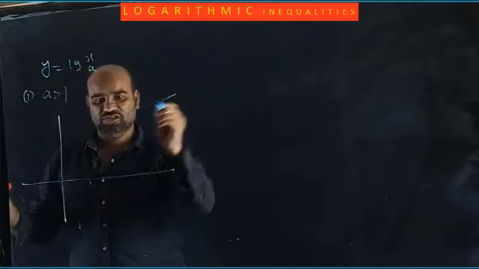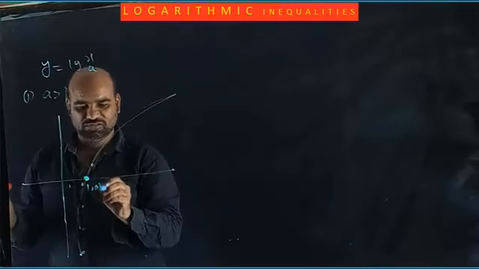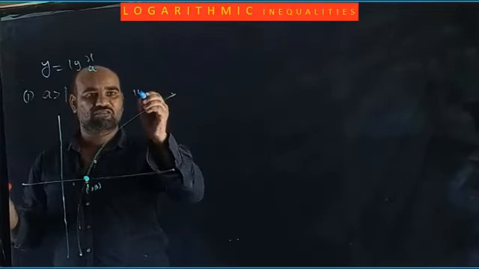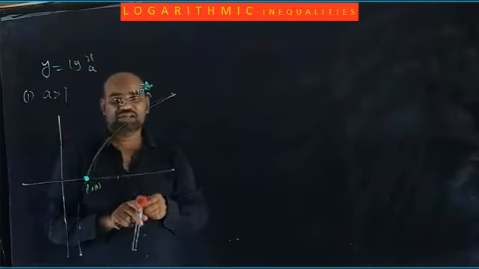The graph is in this shape. Here is 1 comma 0. This is the graph of log x base a. Important conclusions.